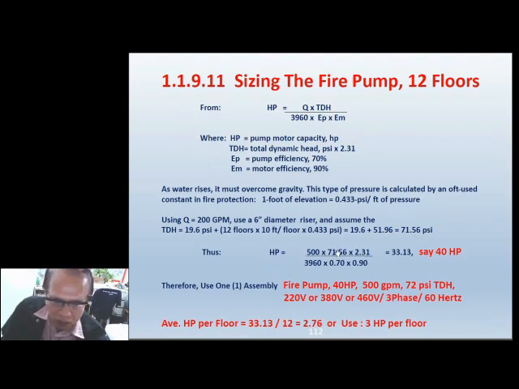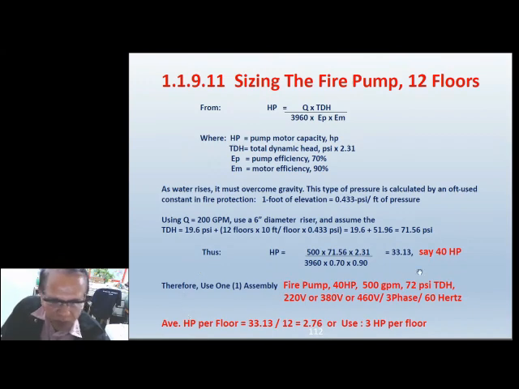So put here 71.56 times 2.31, given in the formula, divided by 3960, divided by 0.7, the efficiency of the pump, and 0.9, the efficiency of the motor, gives 33.13. So you can round it off to a 40 horsepower fire pump.